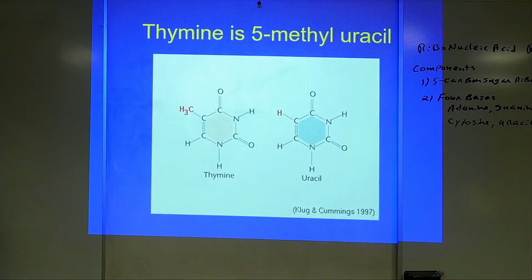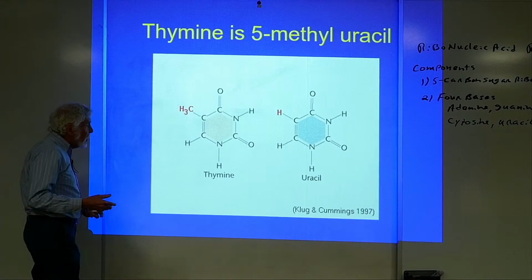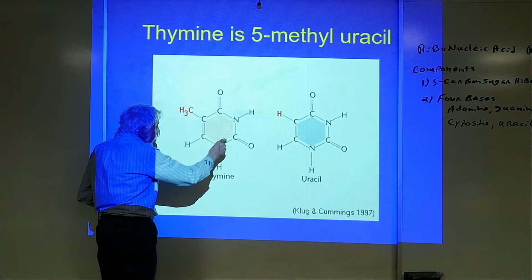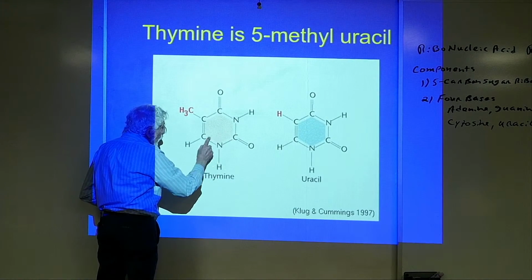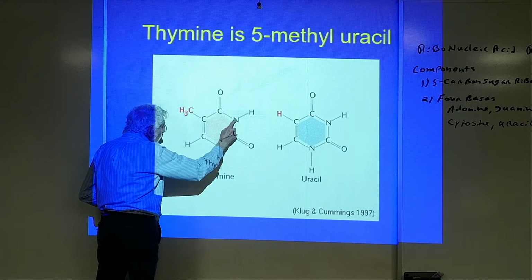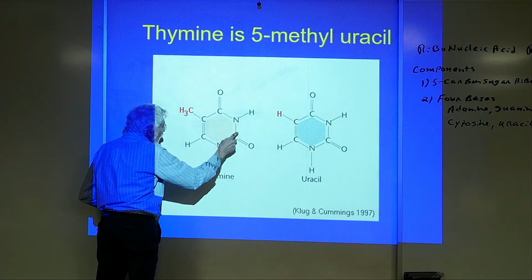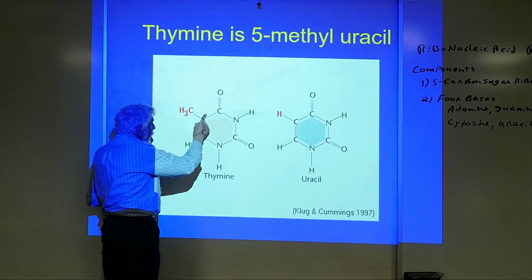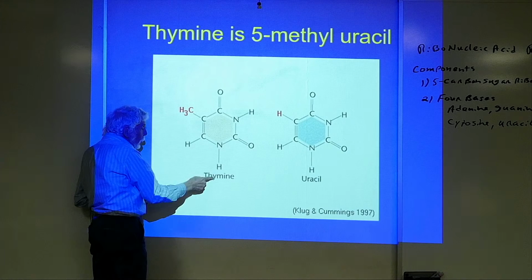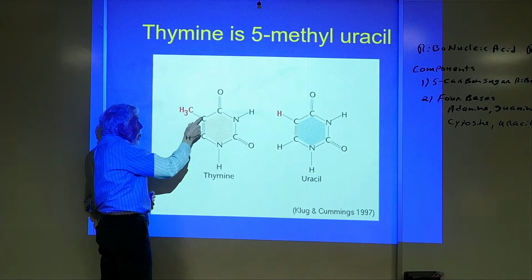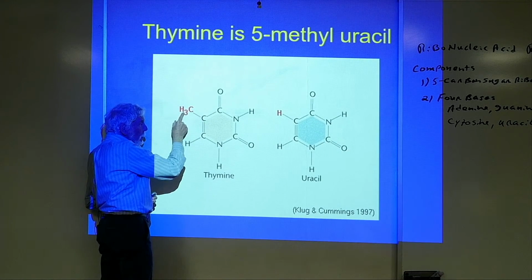Of course, don't memorize the structure here, but I like to show it because here's thymine. We'll count them here: 1, 2, 3, 4, 5. Here's the number 5 carbon. The number 5 carbon with thymine has this big, bulky methyl group, carbon, 3 hydrogens.